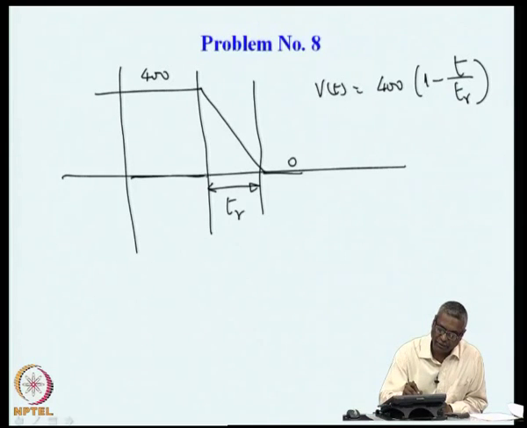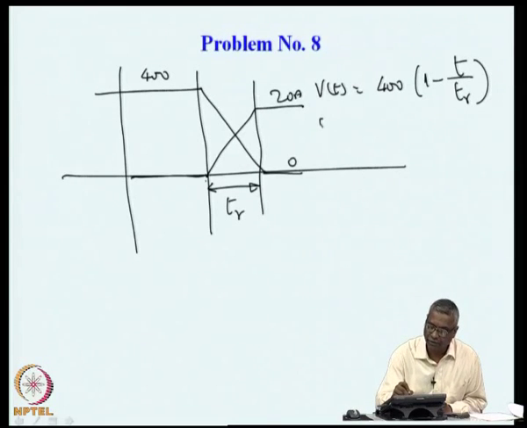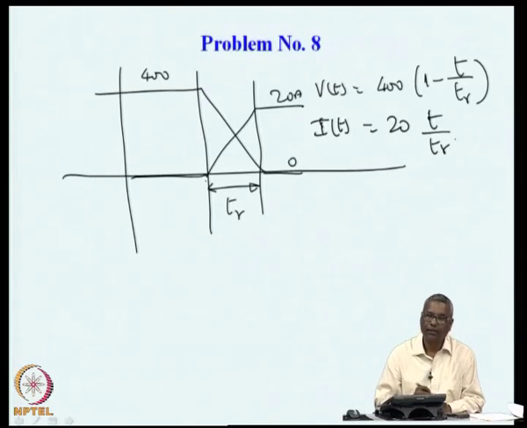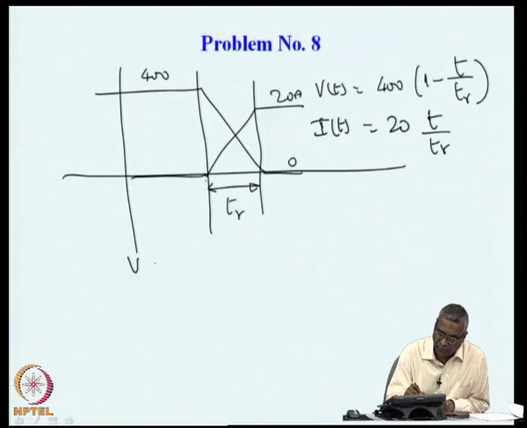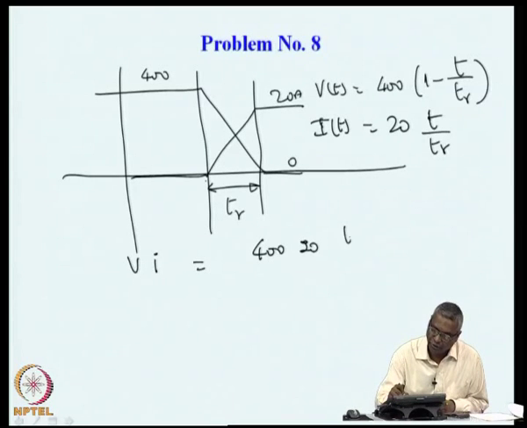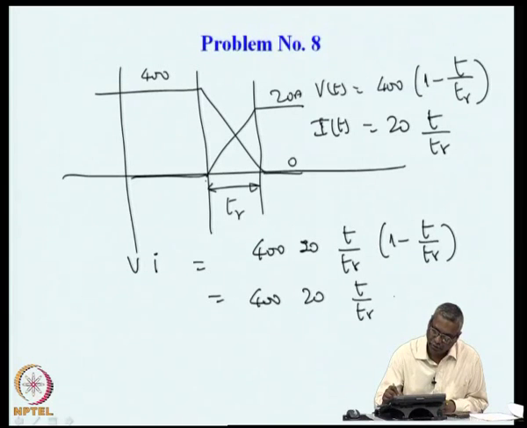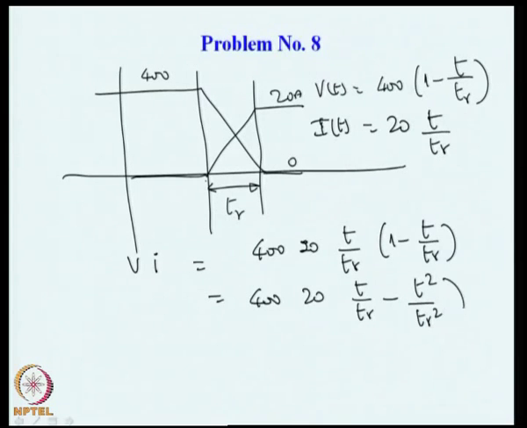During the same time, current is rising from 0 to 20 and the current can be written as 20 into t by tr. So, instantaneous power dissipation is V into I, that is 400 into 20 into t by tr multiplied by 1 minus t by tr. And this is 400 into 20 into t by tr minus t square by tr square.